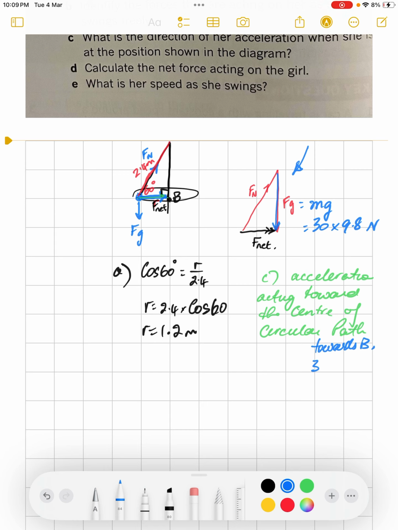And we've got this angle of 60 here and an angle of 30 there. And so using tan theta, tan of 30 is opposite F net over adjacent, which is the gravitational force. And so tan of 30 is equal to our net force divided by 30 times 9.8.